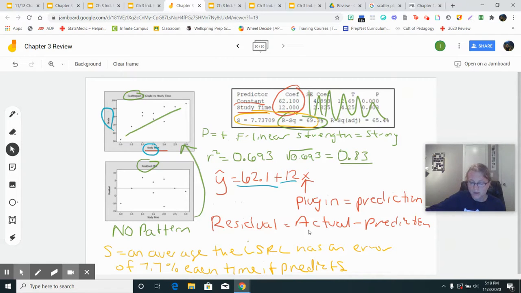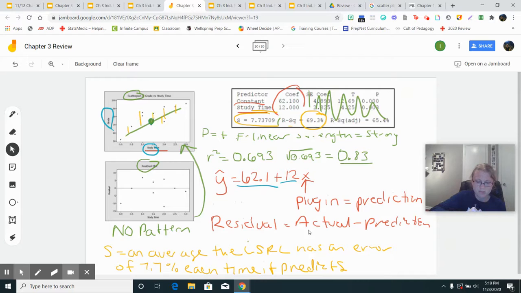Now, for the R squared value, that's the distance between your points and your line, and how much of that distance you're comfortable with and how much of that you can account for, meaning we're okay with some of that space. We can account for about 69.3% of our space. Let me erase that so you can see it better. We can account for the space between my points and my line.